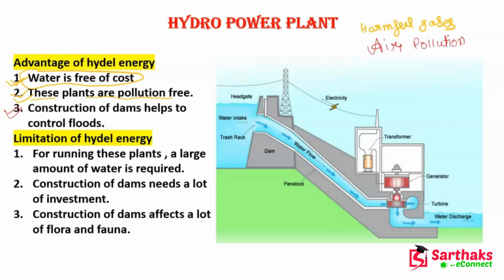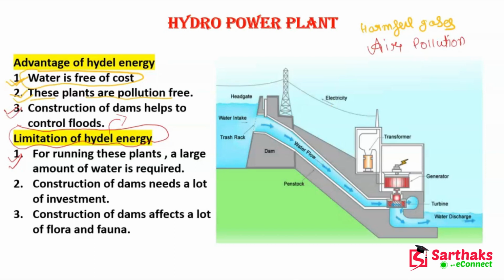Now guys, after understanding the advantages, let us also talk about the limitations of hydel energy. Basically, this hydel energy is the energy present in water. Now the first limitation, or you can call it a drawback or disadvantage, whatever you want to say, is that for running these plants a large amount of water is required.